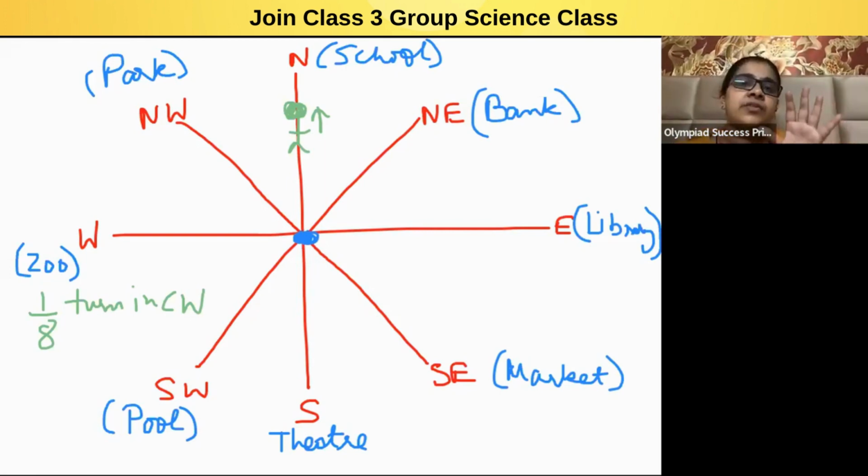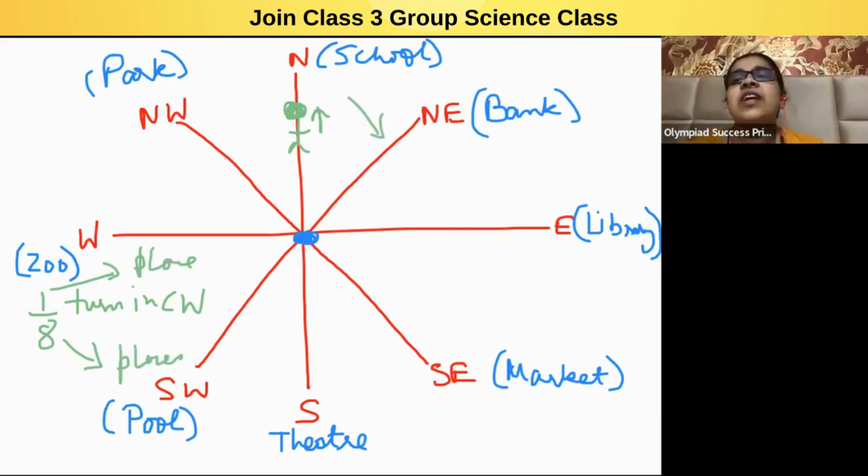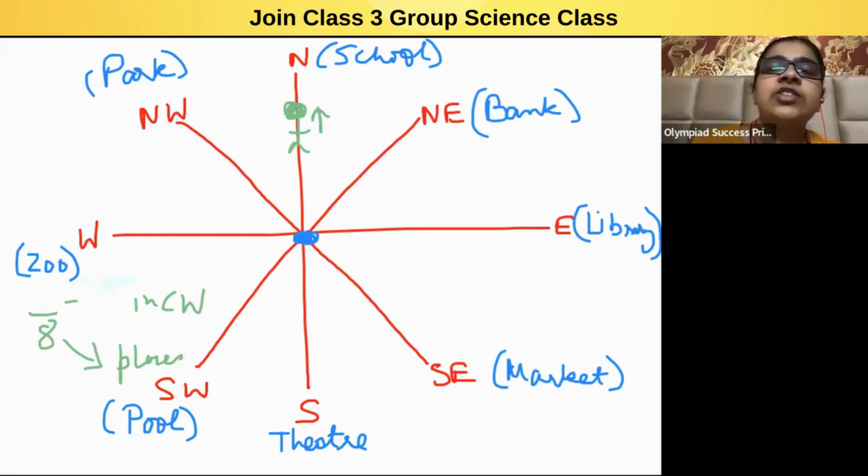Please understand, everyone, it is very essential. 1/8 means 1 turn out of 8 places. 1 place in the clockwise direction takes me to the bank. So 1/8 turn in the clockwise direction is bank. Now change the question.